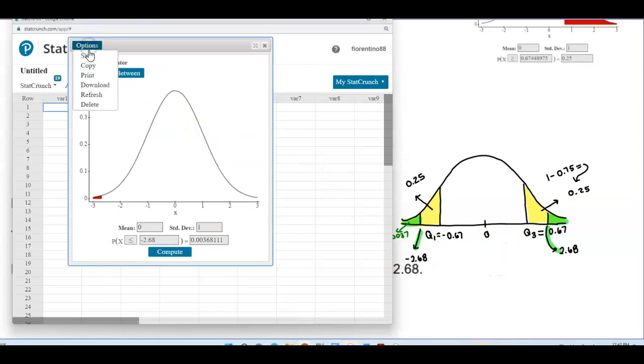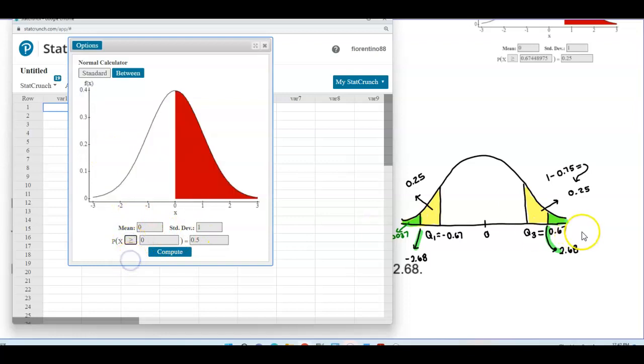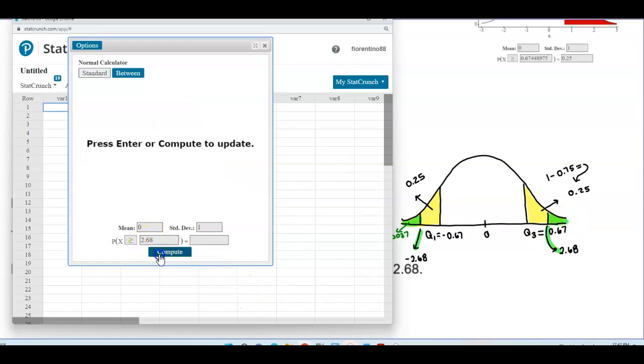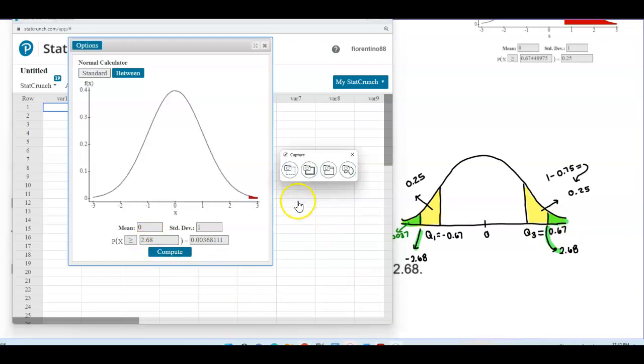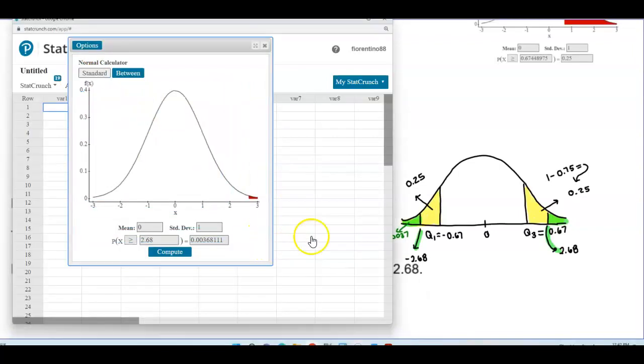Again, we're going to select options and select refresh. Make sure that it's 0 and 1 here. Now we're going to change the inequality to be greater than because we want it to the right of positive 2.68. And we should get the same area there, which again is 0.0037.